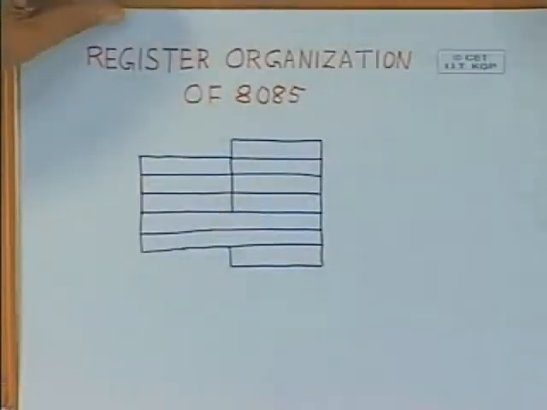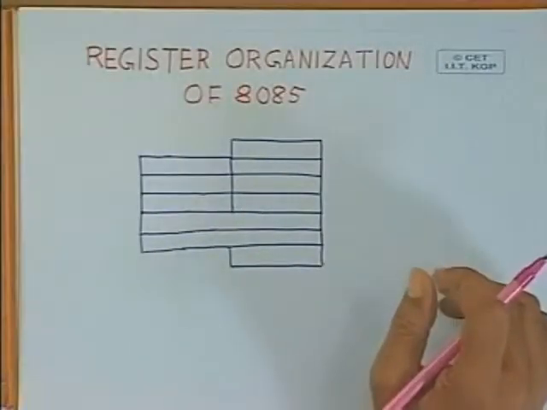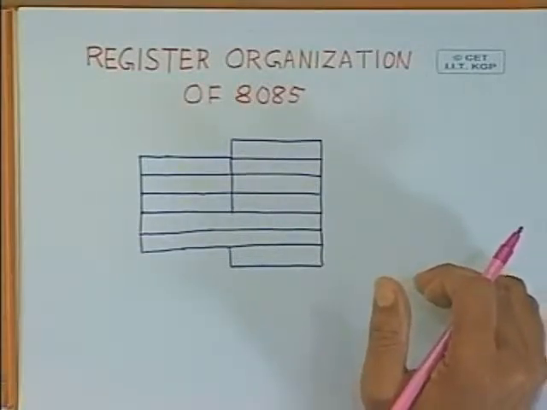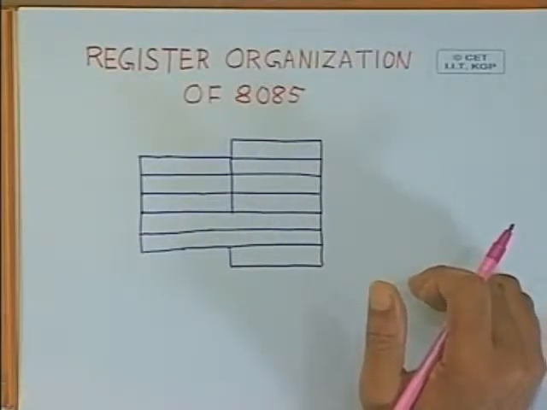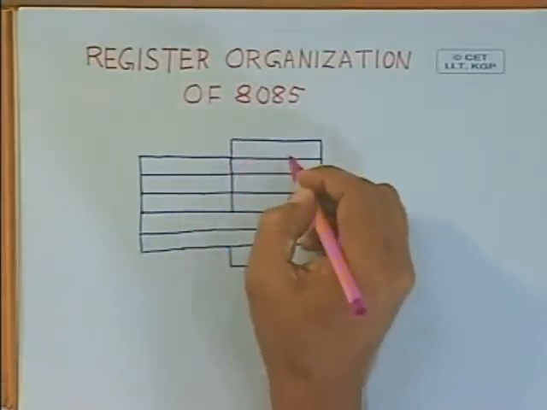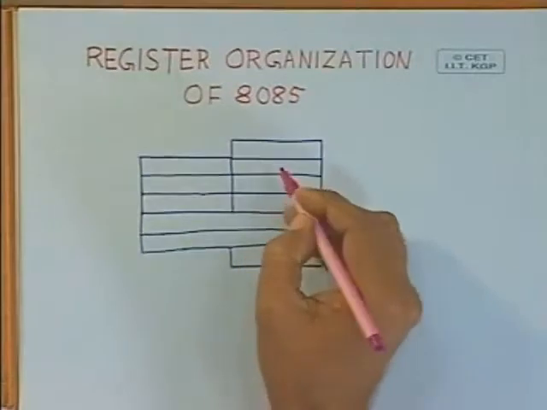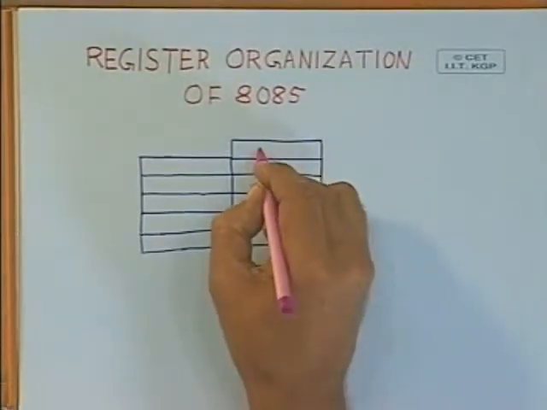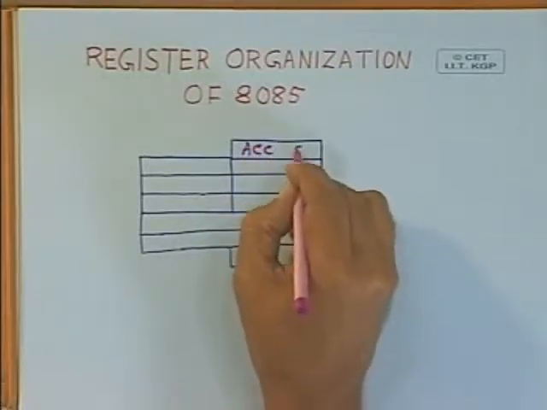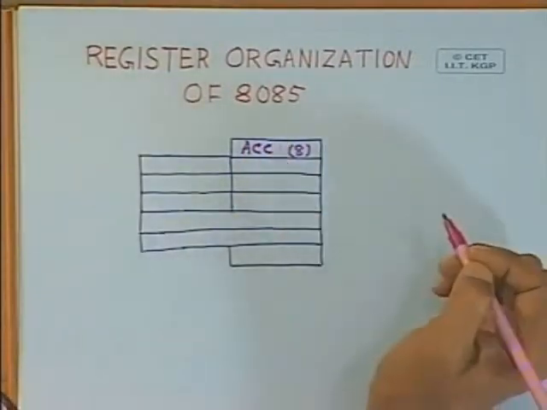overview of the different types of registers that are present in microprocessors. In case of 8085, you have got several registers. I shall briefly discuss about them, but 8085 has got a number of general purpose registers and some special function registers. For example, it has got accumulator, 8-bit because it is an 8-bit processor.